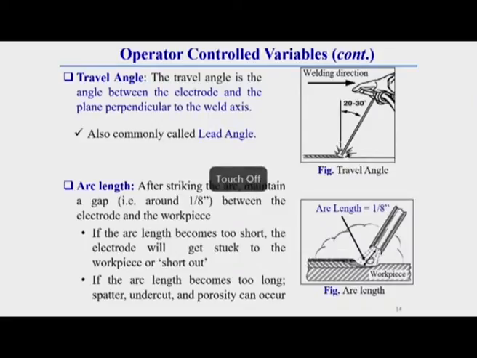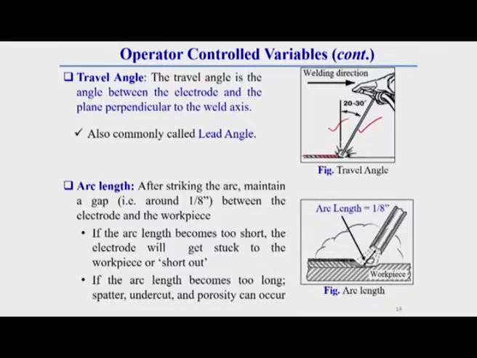Now travel angle. Travel angle is the angle between the electrode, you see this is the electrode, and the plane perpendicular to the weld axis. You see this is the weld axis.